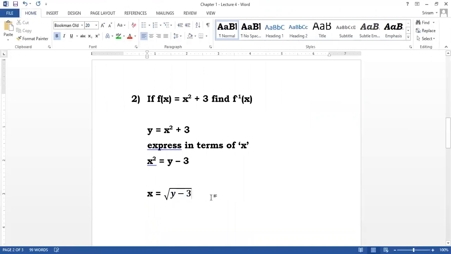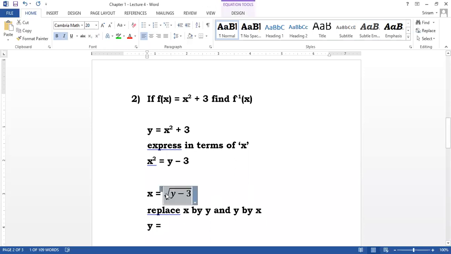Now I am going to replace x by y and y by x, in the opposite. So x will become y, so y is equal to root of y minus 3, and in place of y I am going to put x. So this will become root of x minus 3.